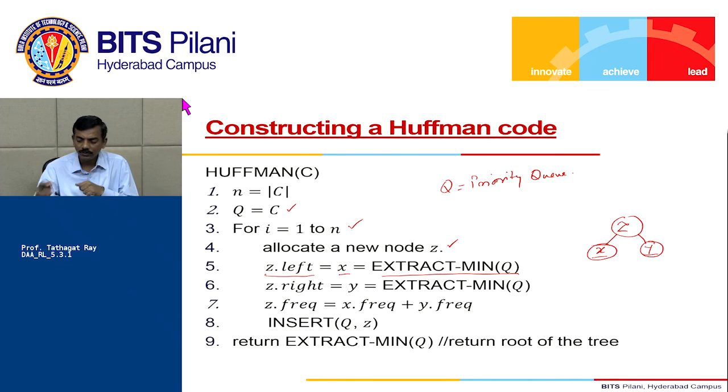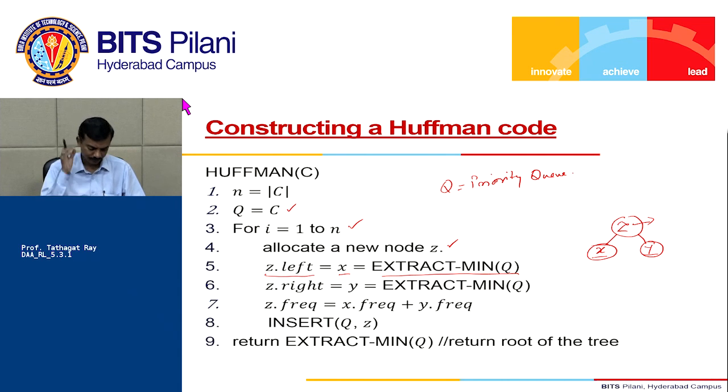And then you insert this node Z within Q. You got a number here, which is the frequency of Z, the sum of the frequencies of X and Y, and you put it in your priority queue, which is sorted by the frequencies. You insert it, and it will take its position.